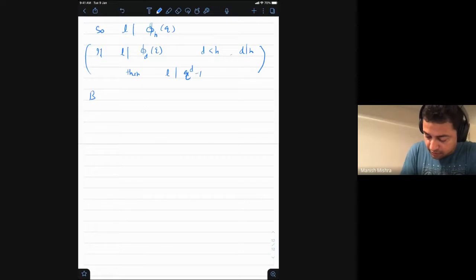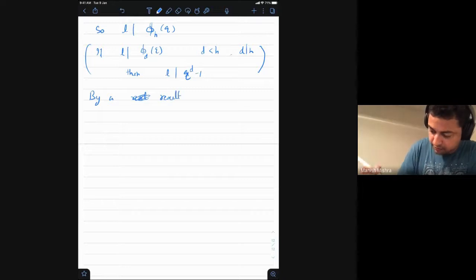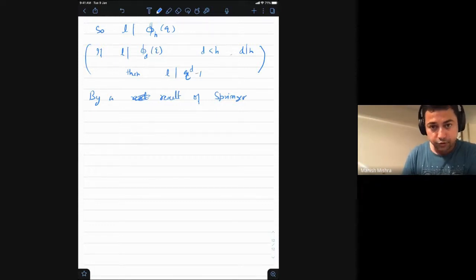Now, by a result of Springer, this result is in the regular elements in reflection groups paper.